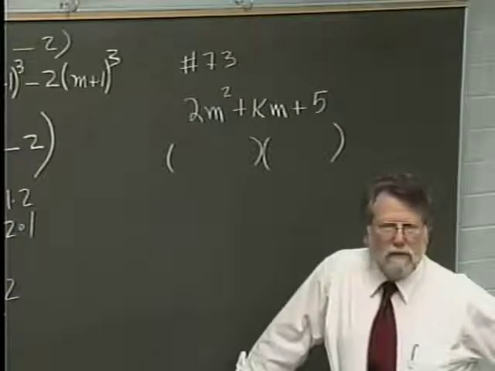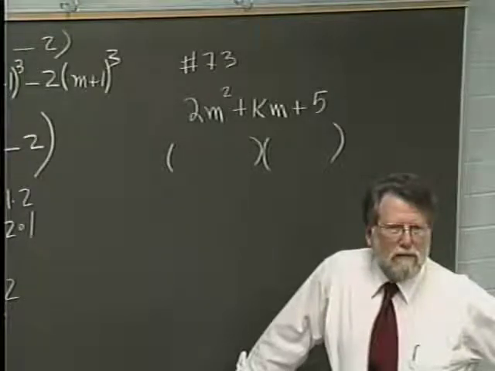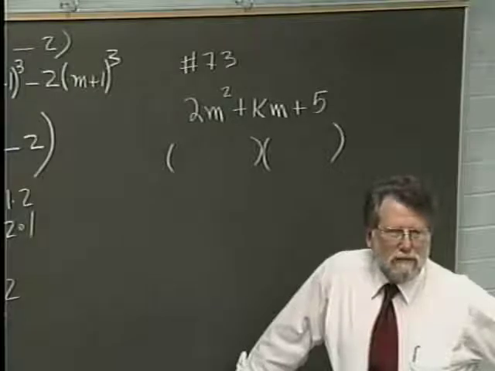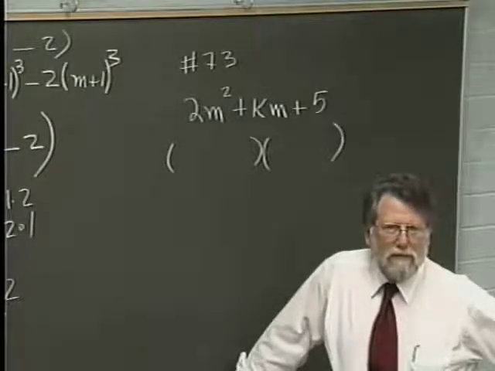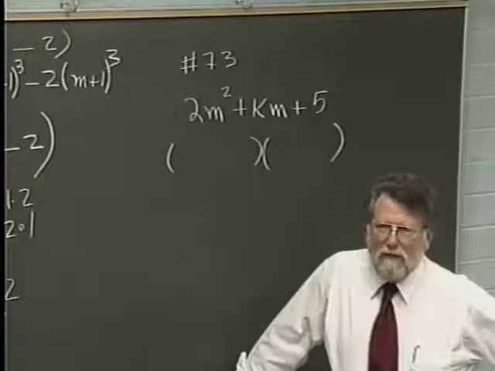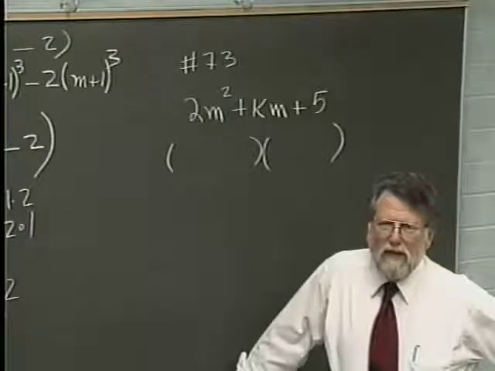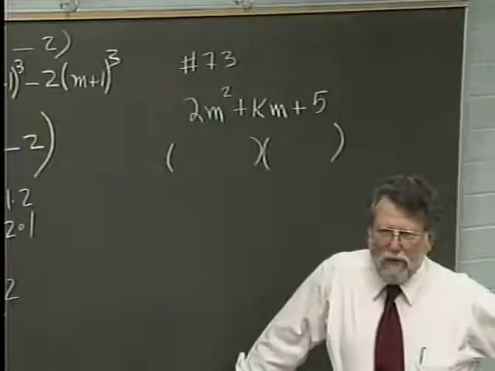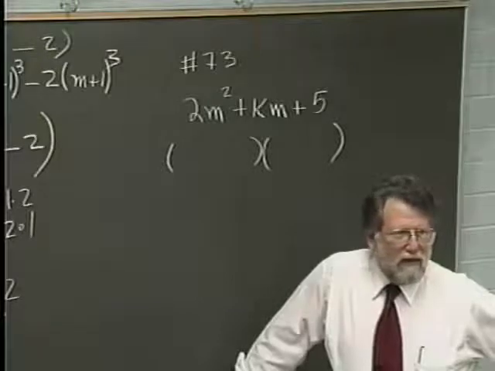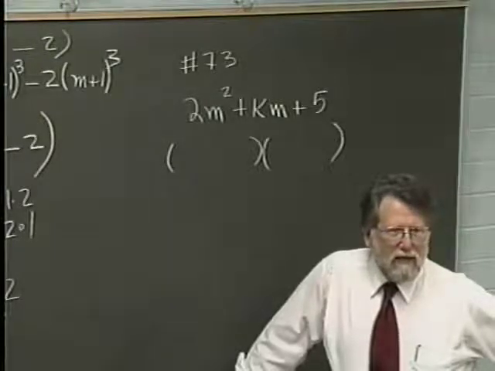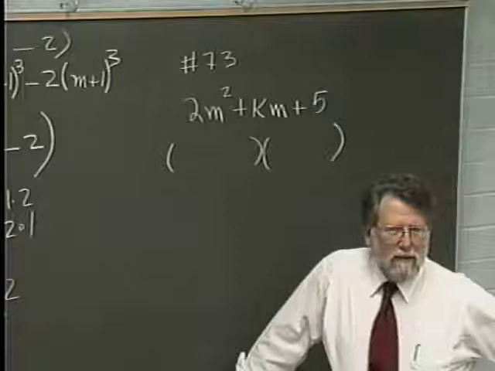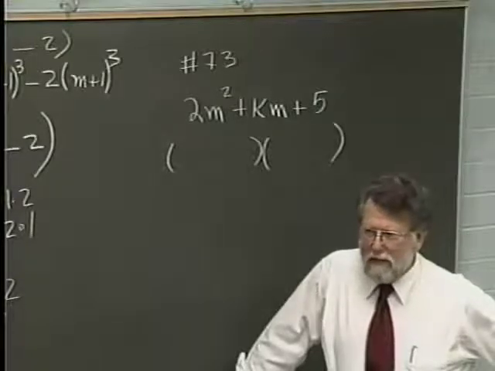Any others? 7. 7, 11. As you look at it, now that you've heard the numbers, do you have any way of seeing that? 4 times 2 is 10. Okay, I'm seeing several heads nod.